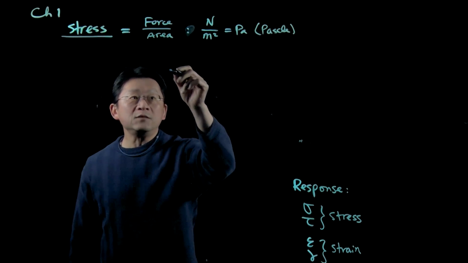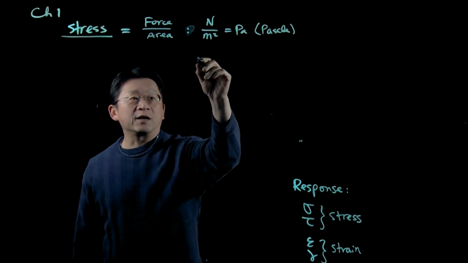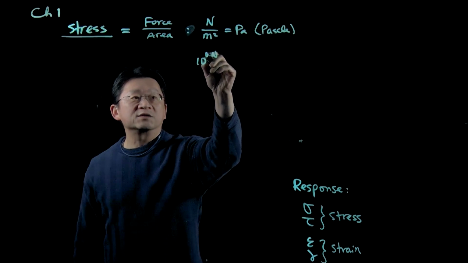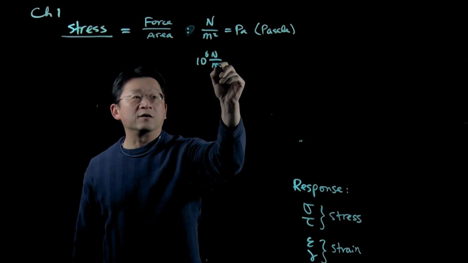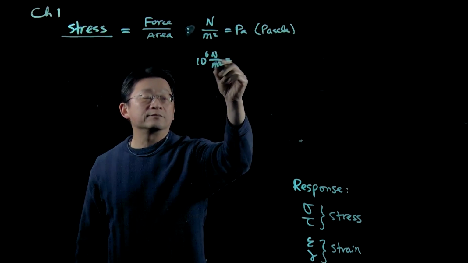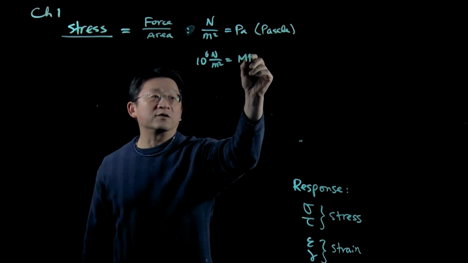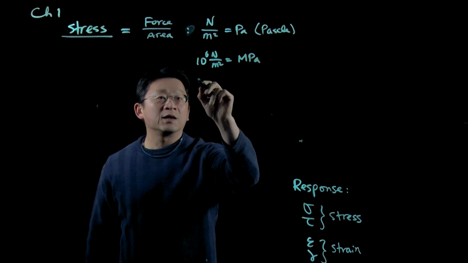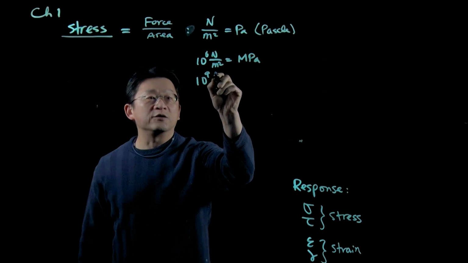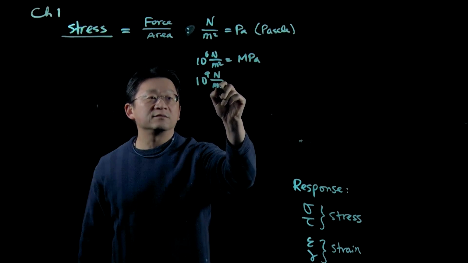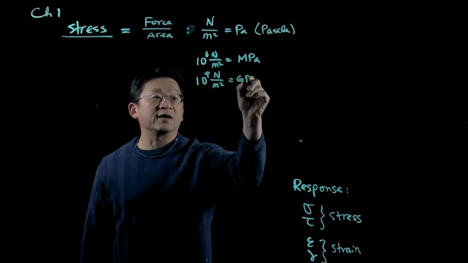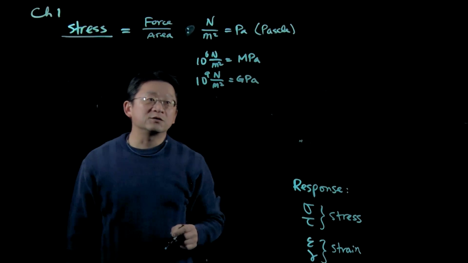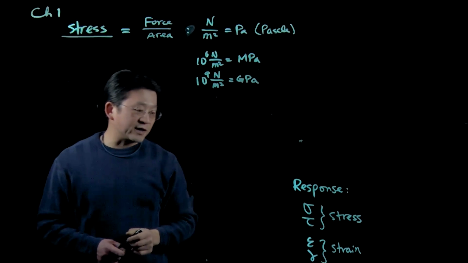Most of the time we have a scale of millions of these, so it's called the MPa, where M means one million. Sometimes we can use 10 to the 9th, which we call the GPa, gigapascal. So those are the units for stress.